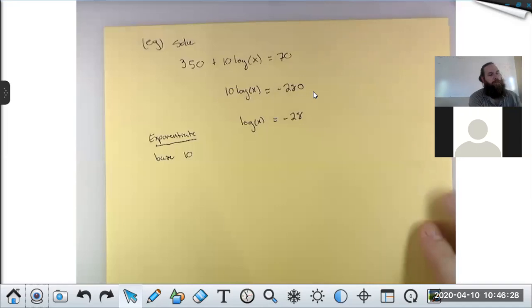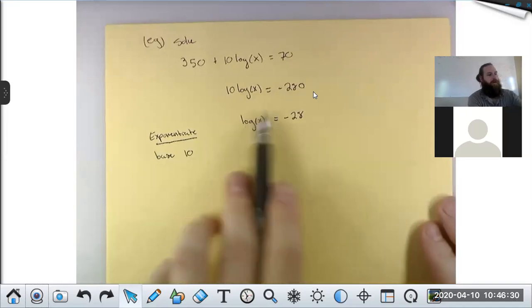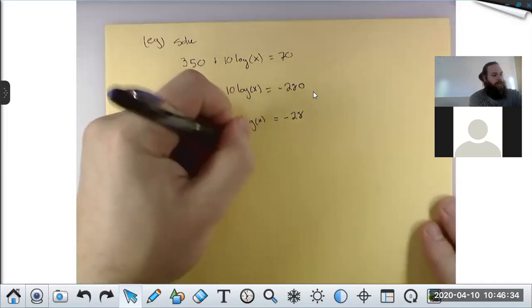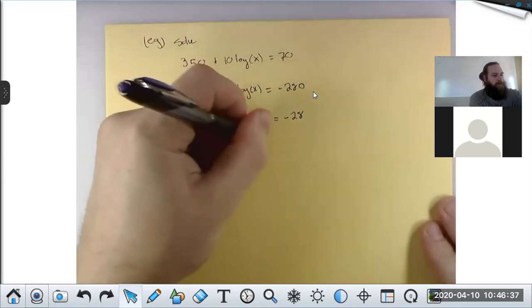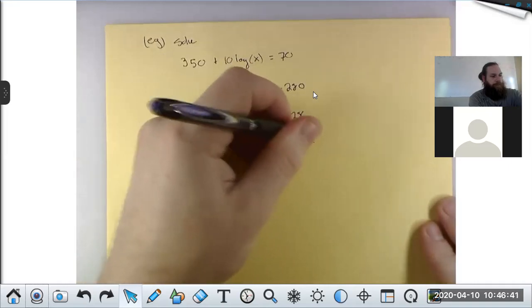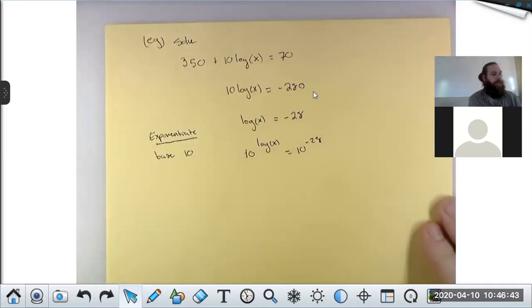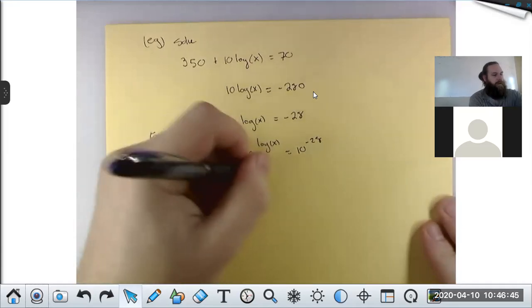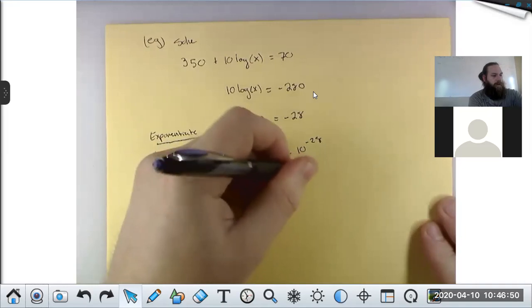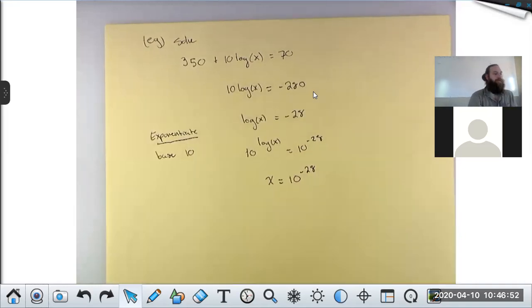And this time I'm going to do it base 10, because when I see the log without anything written there, I know that that's the base 10 log. And so 10 raised to the base 10 log of x, that's just x. So I get x equals 10 to the negative 28, which is a very small number, right? That's 27 zeros after the decimal point and then a 1.